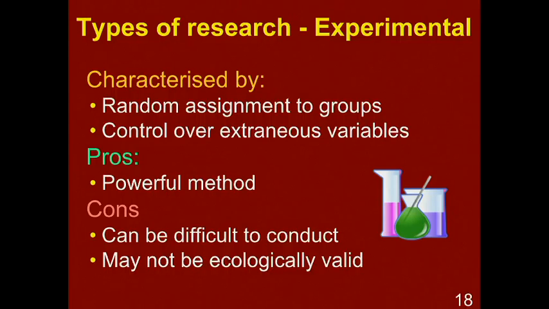So the key is random assignment, which gives you control over all other possible explanatory variables, and you're just manipulating one key variable.